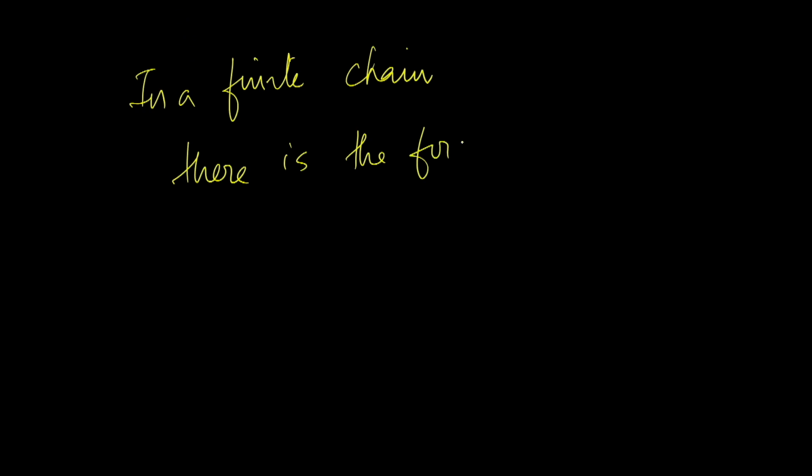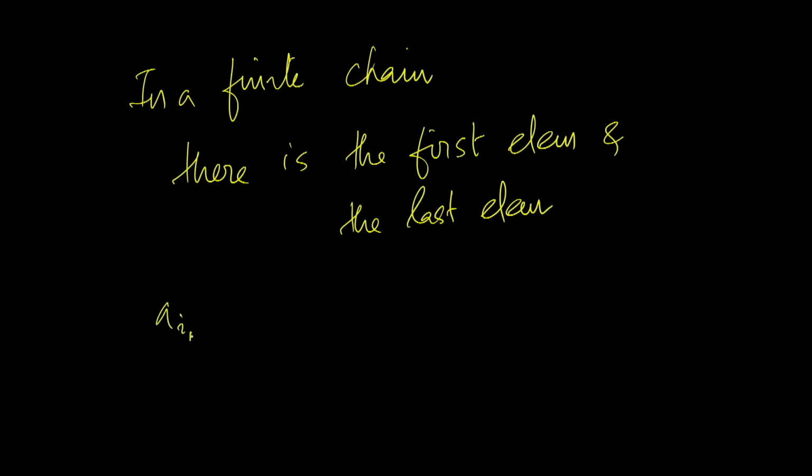In a finite chain, there is the first element and the last element. So, a chain is a sequence of elements of the sort.